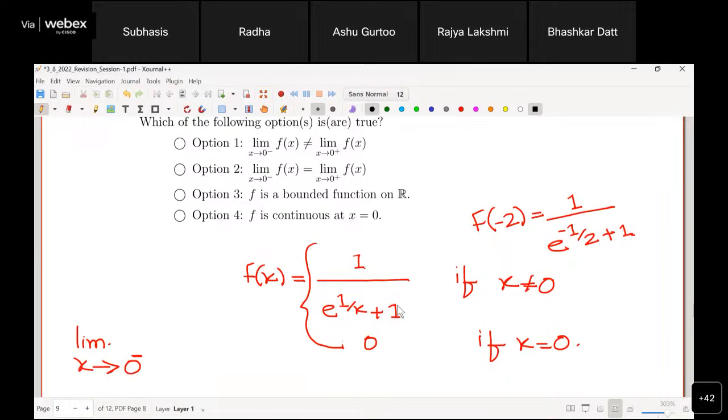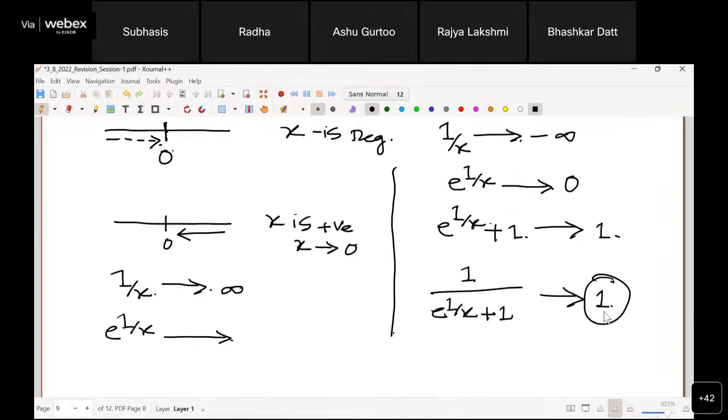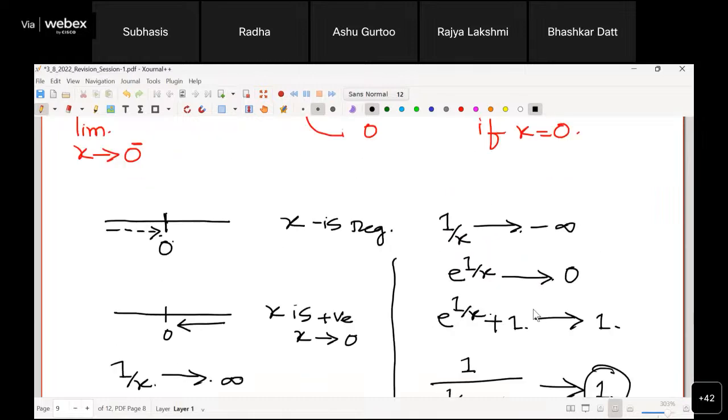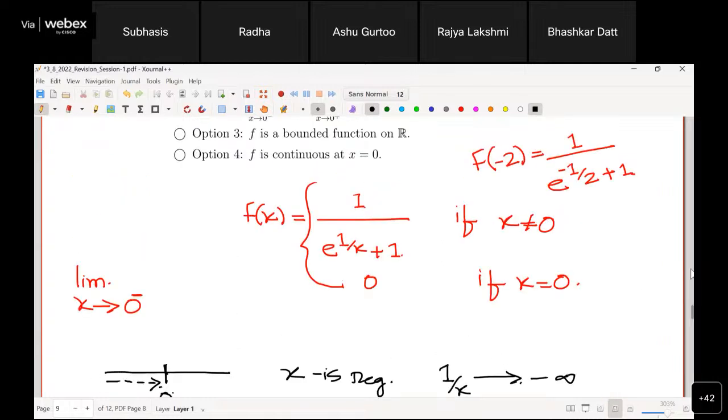As x tends to 0, in some cases it's going towards infinity, and in some cases it's going towards some other thing, that is precisely 1. So this is certainly not in indeterminate form. Indeterminate form is where both numerator and denominator are going towards 0 or both are going towards infinity. But this is not the case for this question.